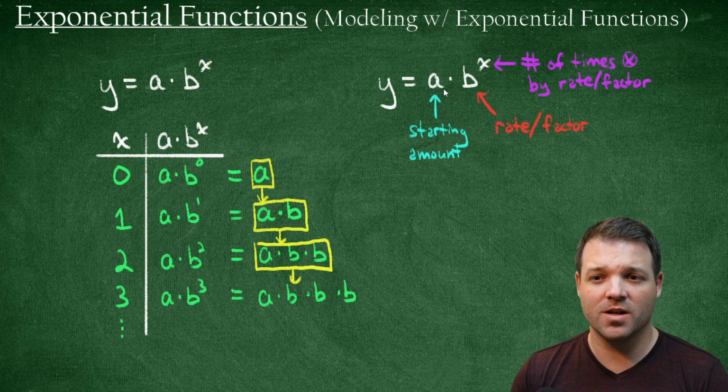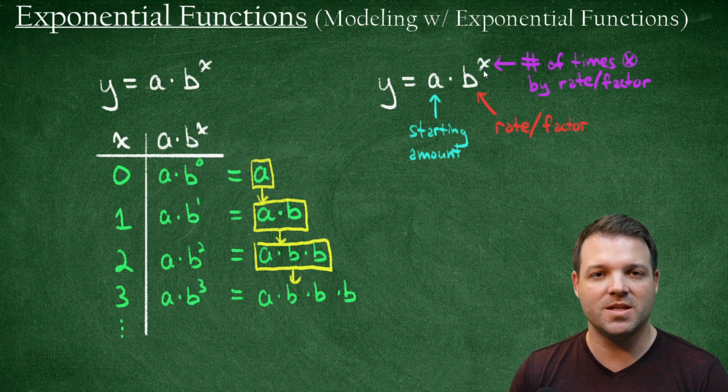Why does that work? Because when x is 0, or the time is 0, or that initial time, we just end up with getting a back, because b to the 0, doesn't matter what that rate or that factor is, b to the 0 is 1. Okay, which means that b, of course, as we know, is going to be our rate or our factor.